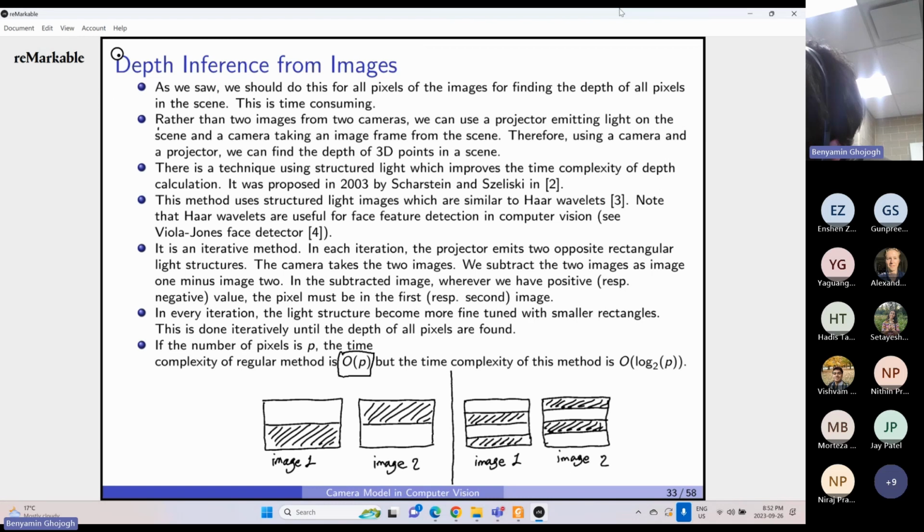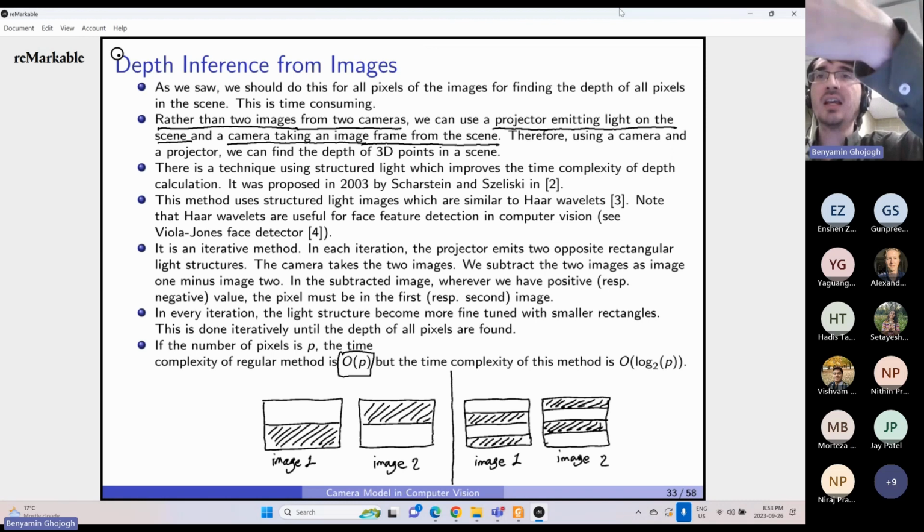Do you agree that rather than two images from two cameras, we can use a projector emitting light on the scene and a camera taking an image frame from the scene? So rather than having two cameras to capture the scene, let one of the cameras be the projector, which is the opposite of a camera.